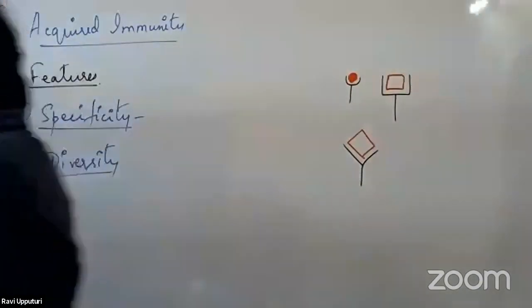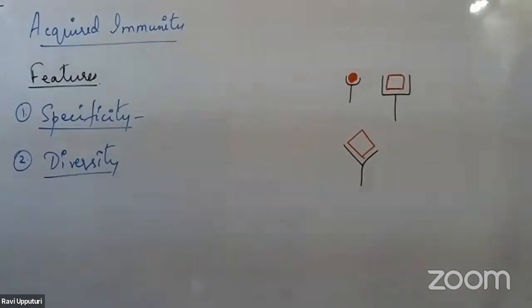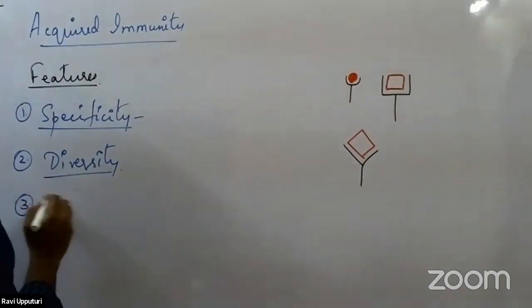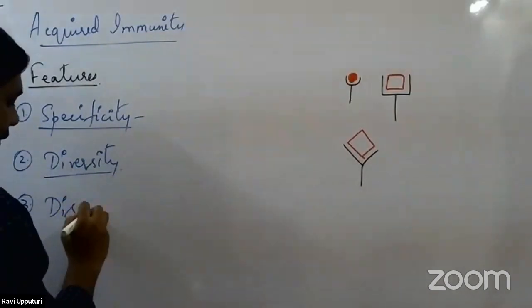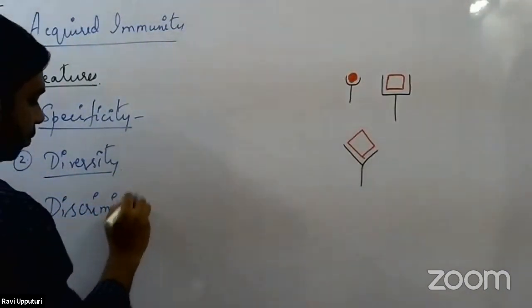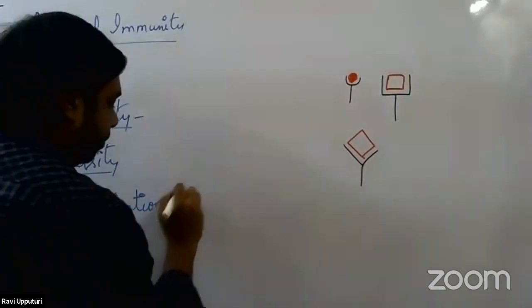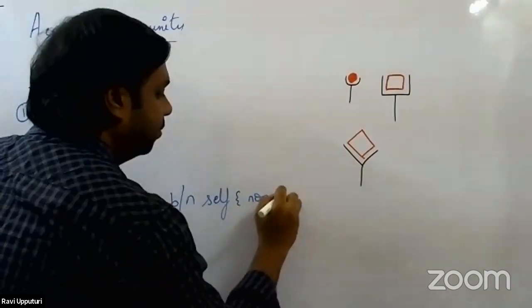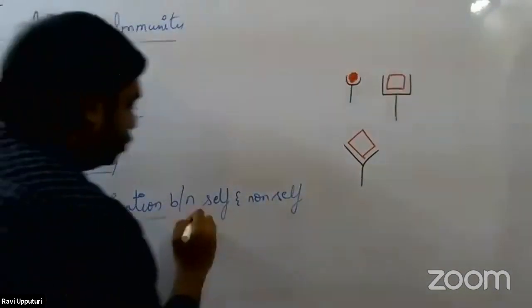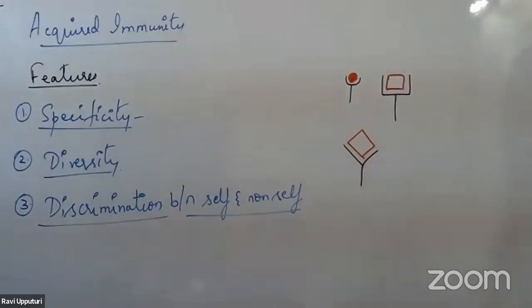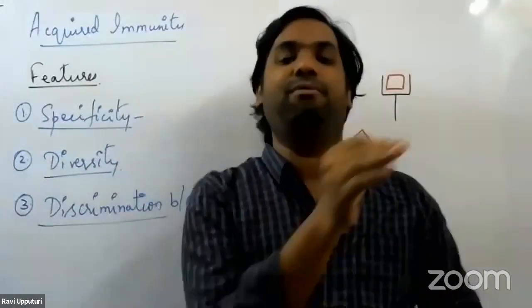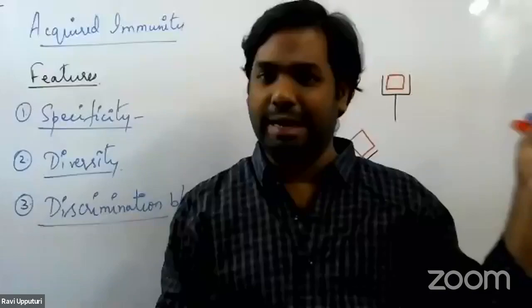The third feature of the acquired immune system would be discrimination between self and non-self. So what does this mean? Discrimination between self and non-self. This sort of immune system also has the ability to identify the self cell as well as the non-self cell, just like what we saw with regards to innate immunity, right?